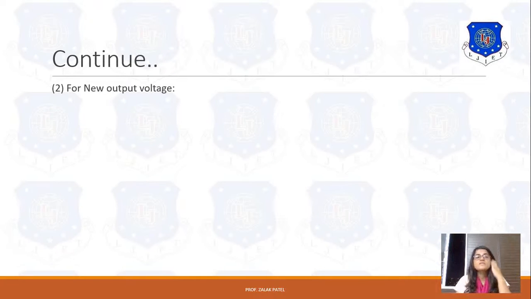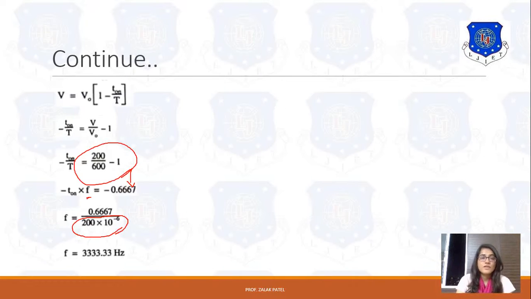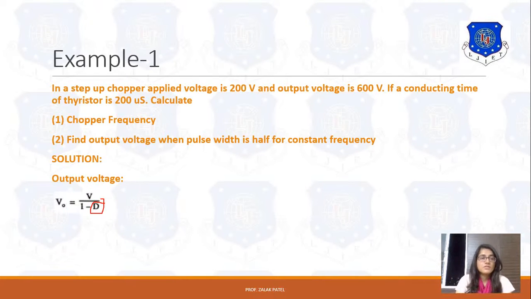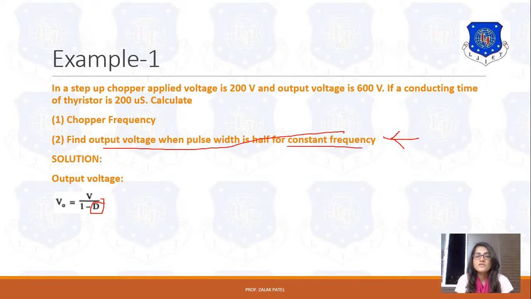In the second case, for the new output voltage, once again we take the equation for the second term. Here we want to find out the output voltage when pulse width is half for the constant frequency. Now pulse width is half means we have to take the on time as half of the original.